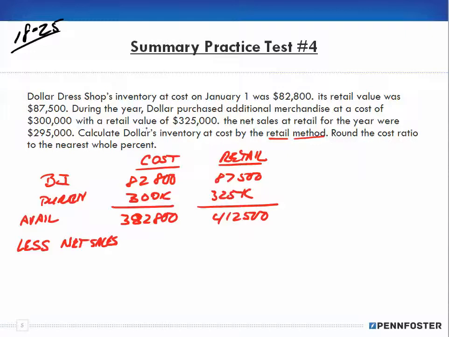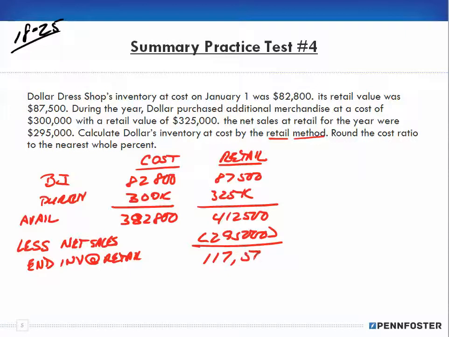The net sales at retail for the year is 295,000. So we subtract that out, and we end up with an ending inventory at retail of $117,500. Okay, so that's our ending inventory at retail.